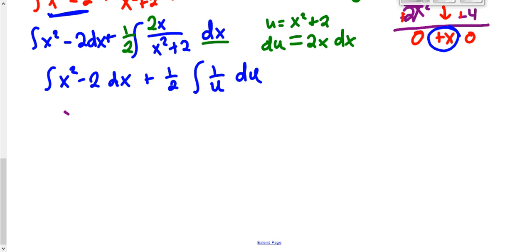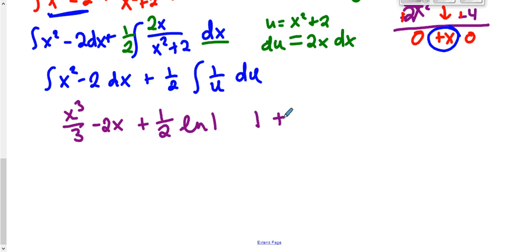When we integrate this, we get x cubed over 3 minus 2x plus 1/2. The integral of 1 over u is ln of the absolute value of u. We'll put something else for u and make sure that you have your plus c at the bottom. U is x squared plus 2, so that's what goes in here. If you want to, you can rewrite this.